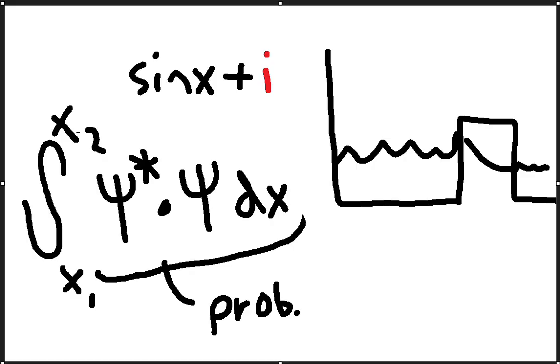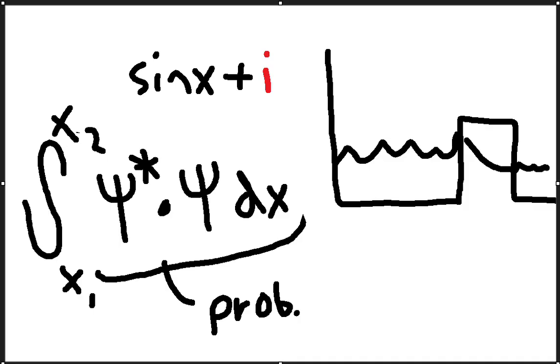In order to find the probability of finding the particle in here, or say inside the barrier, or beyond the barrier out here, we have to apply this formula. Because it's an integral, the higher the wave function, the more likely the probability. And because the complex conjugate times itself makes the imaginary numbers go away.